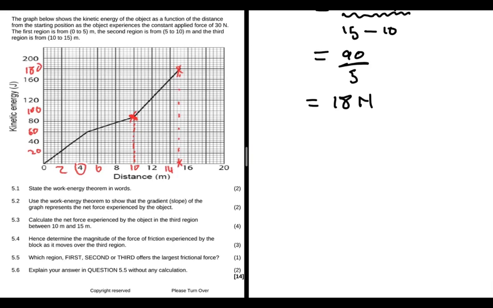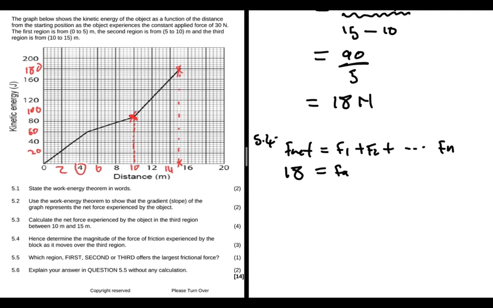Now let's move forward and do 5.4. 5.4 says, hence determine the magnitude of the force of friction experienced by the block as it moves over the third region. So, force of friction. We know that F net equals F1 plus F2 up to Fn, depending on the number of forces you have. On the region 10 to 15, we know F net is 18 newtons.